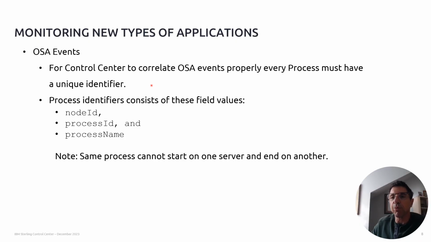And I thought I should point out that processes can't start on one server and end on another, for the reason that our identifiers for a process consist of the node ID, process ID, and process name, so the node ID has to be consistent.